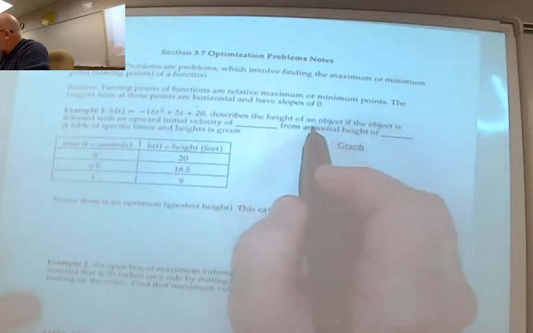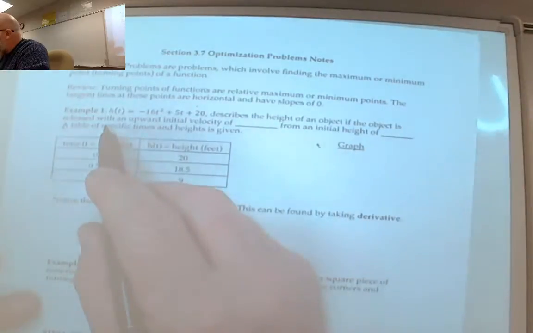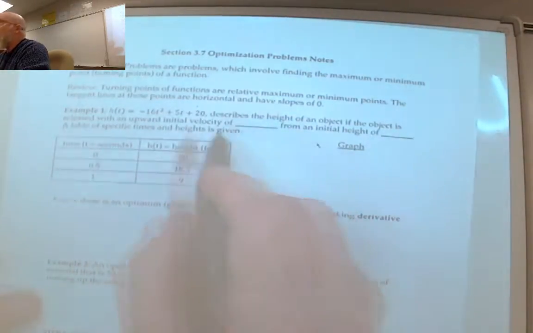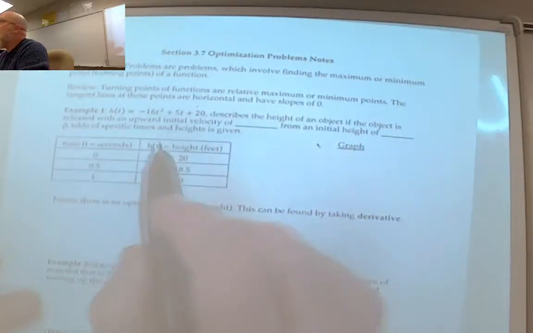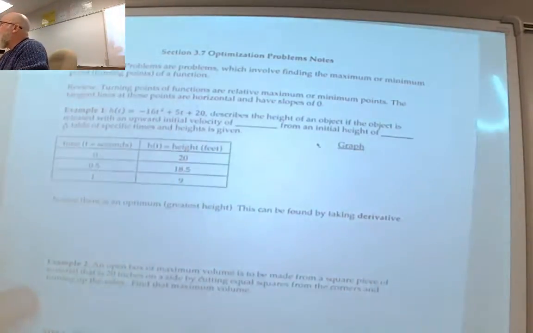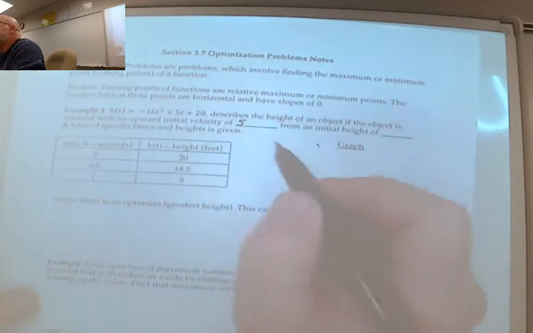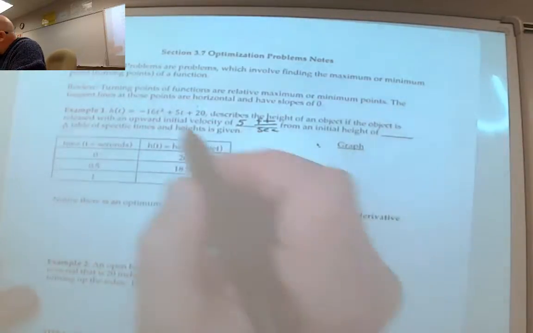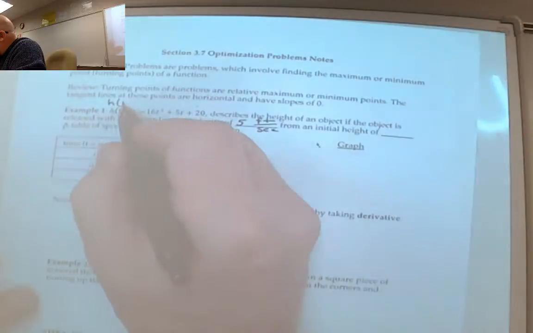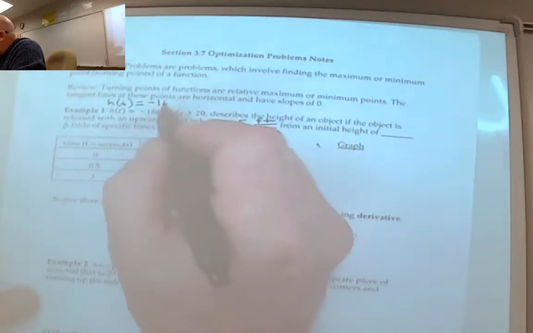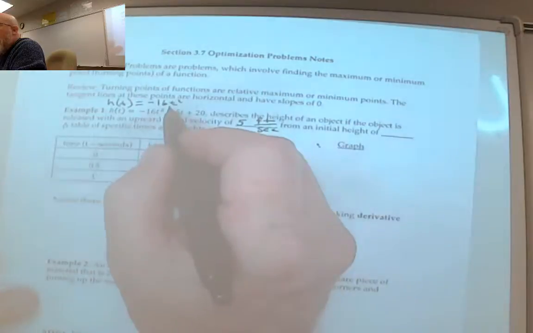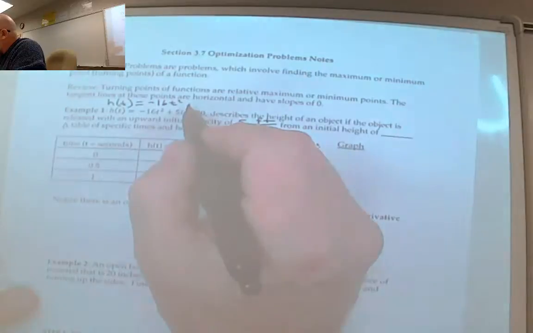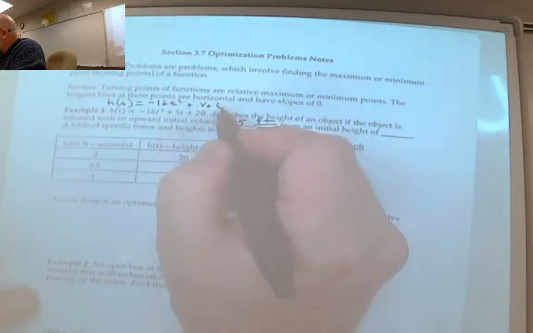It describes the height of an object if an object is released with an upward velocity of what? What would it be if I give you this formula? What is the upward velocity? 5 what? 5 feet per second. In other words, this is in the form of h of t equals negative 16t squared, which comes from the gravitational constant, plus the initial velocity times t.